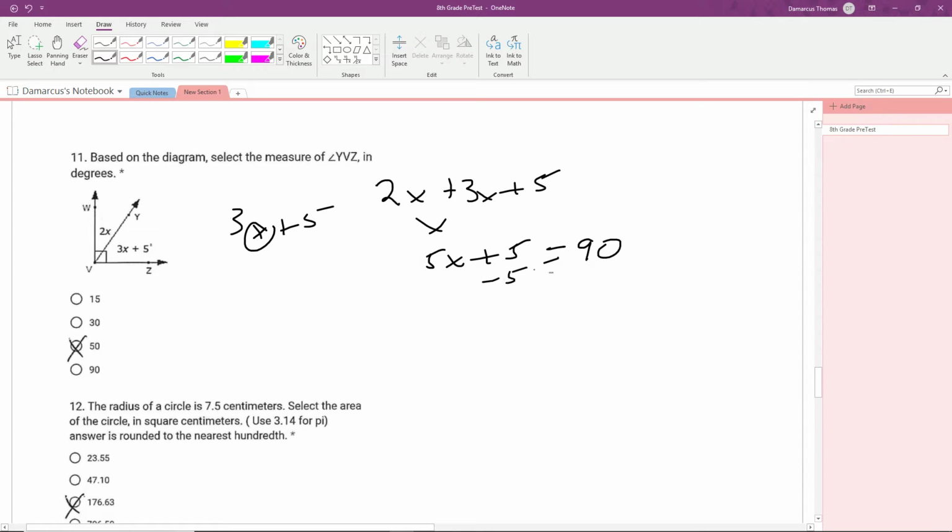And subtract 5 from that. I'm getting 5x equals 85. X is just, well, 17.